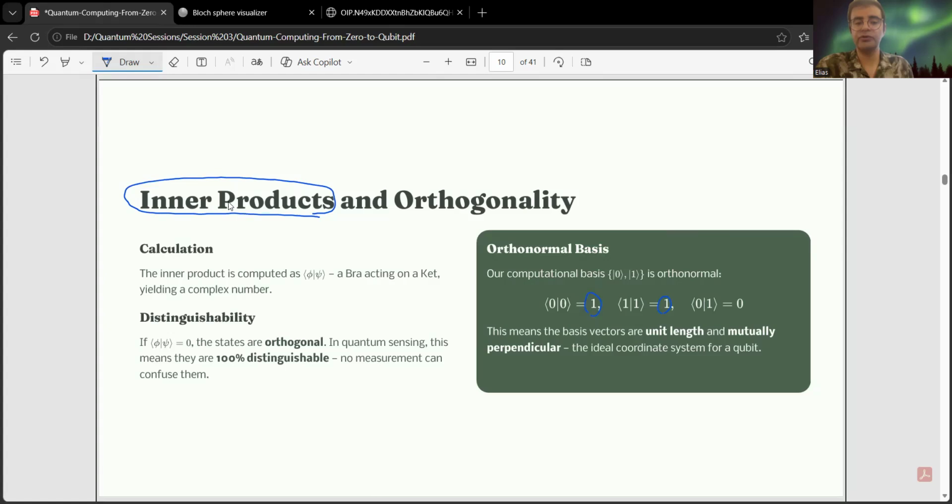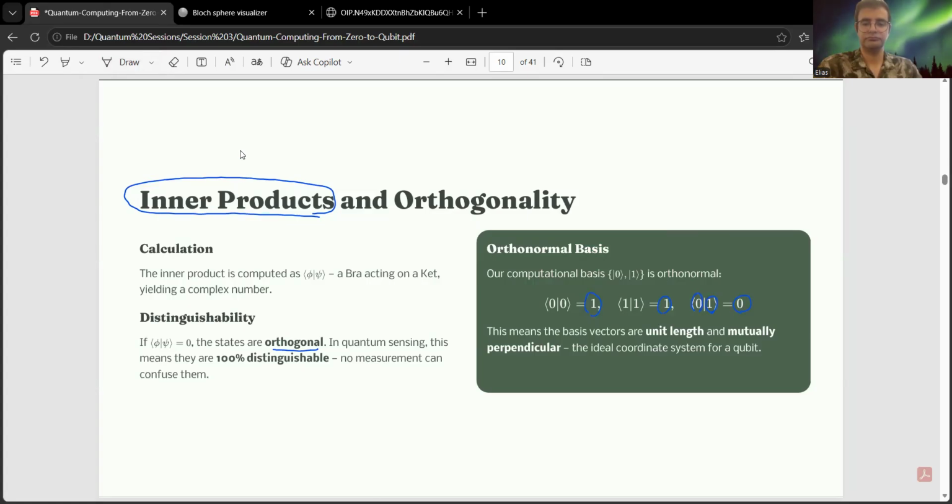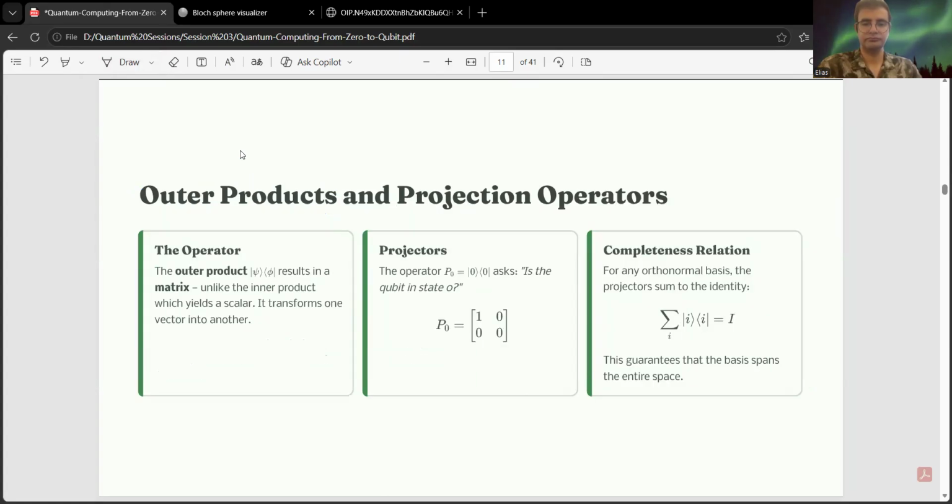And if they are orthogonal or perpendicular, one of them in state 0 and the other in state 1, then the inner product is going to be 0. So that's in case they are orthogonal. So that was about the inner product.